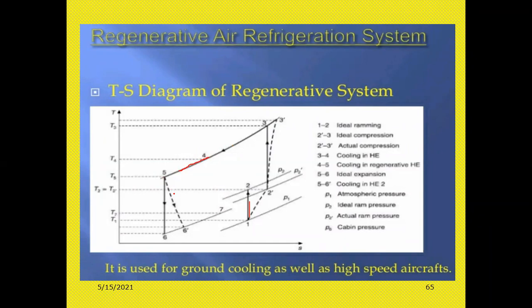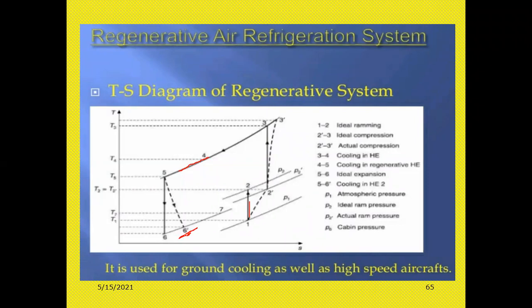The changes in the pressure are P1, P2, P2 dash and P3. So what that is saying here: P1 is atmospheric pressure, P2 is ideal ram pressure, P3 is actual ram pressure, P6 is cabin pressure. So this is a general type of regenerative air refrigeration system shown in the TS diagram.